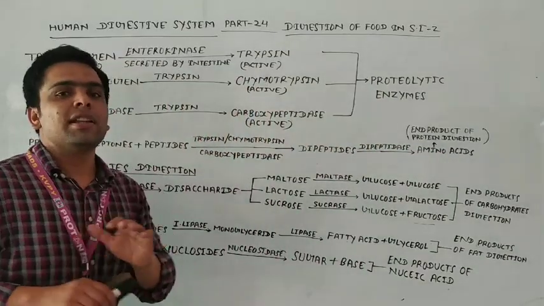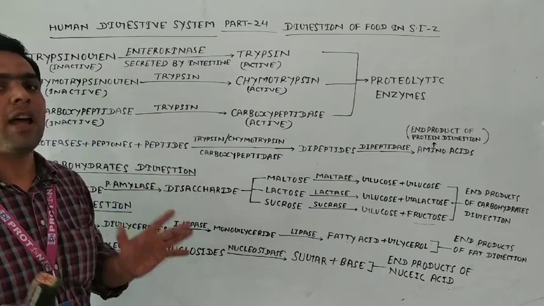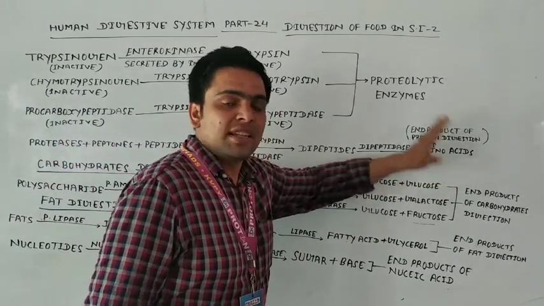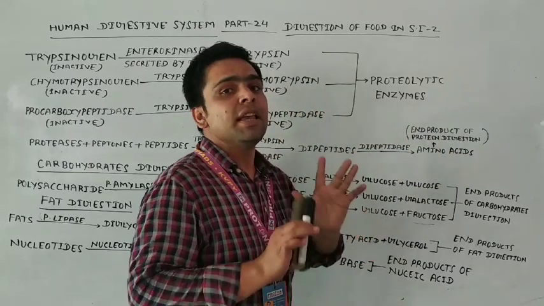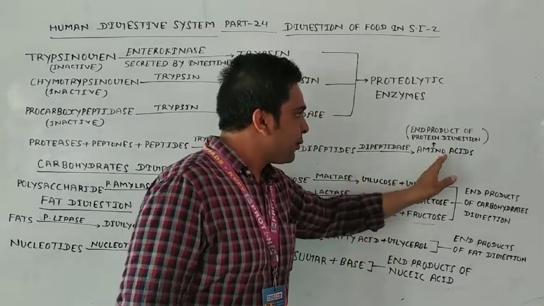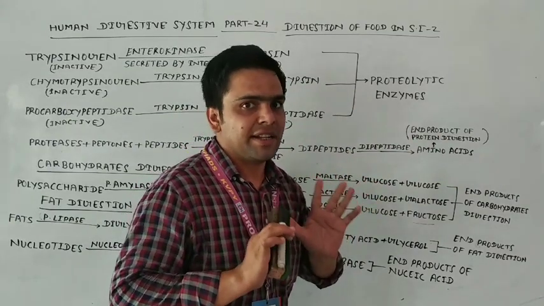Further division of protein is not possible after amino acids. So this is the end product of protein digestion, the form which does not get divided further. Clear, students?